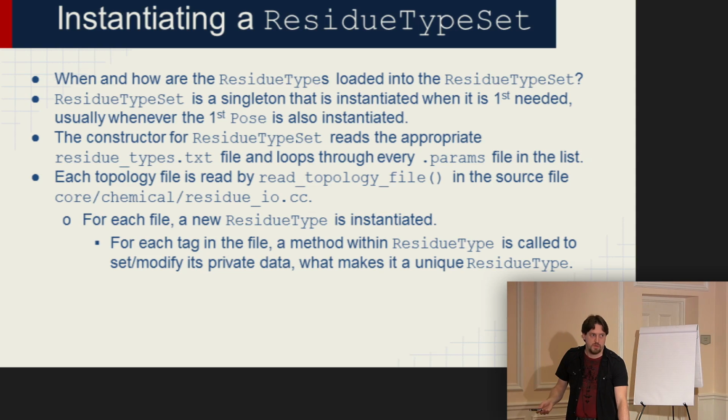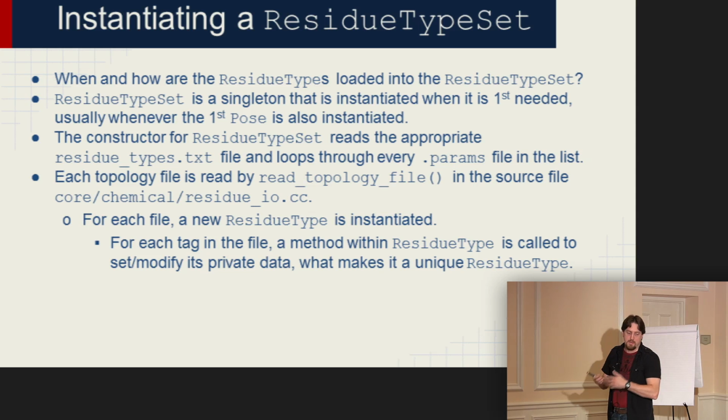So what really happens when you create a residue type set, and how does this all get loaded in? Residue types are loaded into the residue type set the first time you need it, because the residue type set is one of those singletons we were talking about. So it exists in memory one and exactly one time. When you're first instantiating a pose and then you load it with a PDB, once the PDB method starts running to load all that information in, it creates your residue type set.